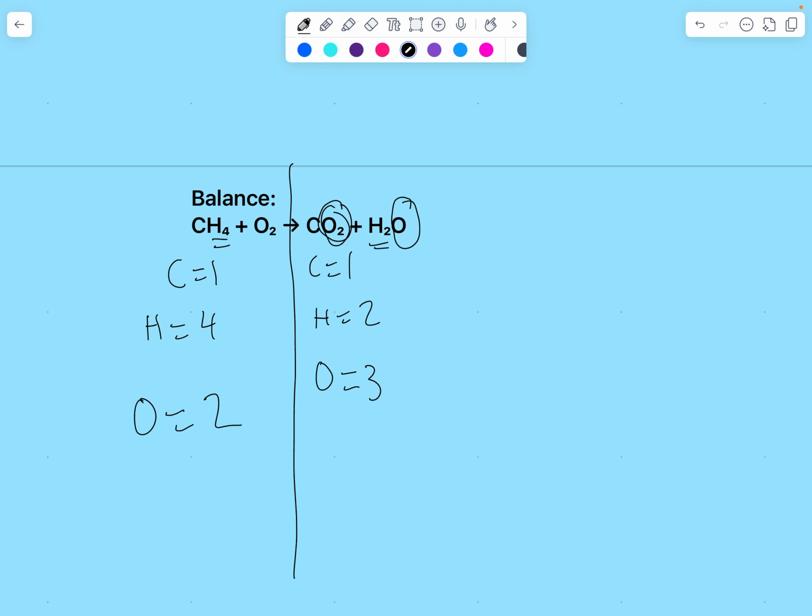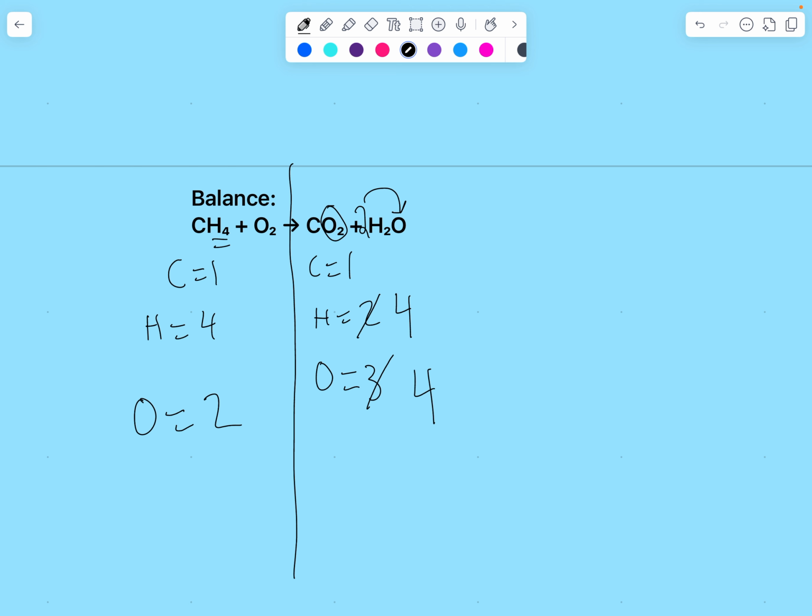So I'm going to start by balancing out my hydrogens, right? Because carbon's already balanced. So I need to get to 4 hydrogens. So I'm going to put a 2 right there. So now I have 2 times 2, which is 4 hydrogens. 2 times 1 oxygen is 2. So I don't have 3, I have 2 oxygens plus this 2 right here, which is 4 oxygens.